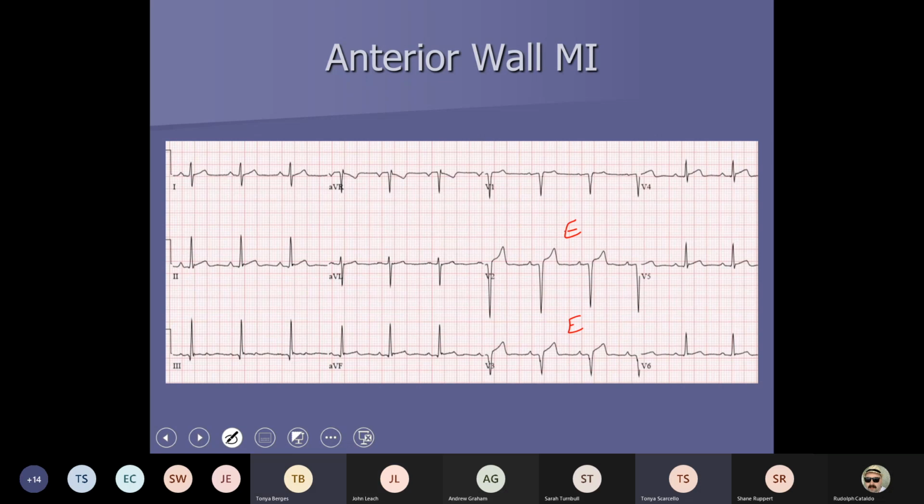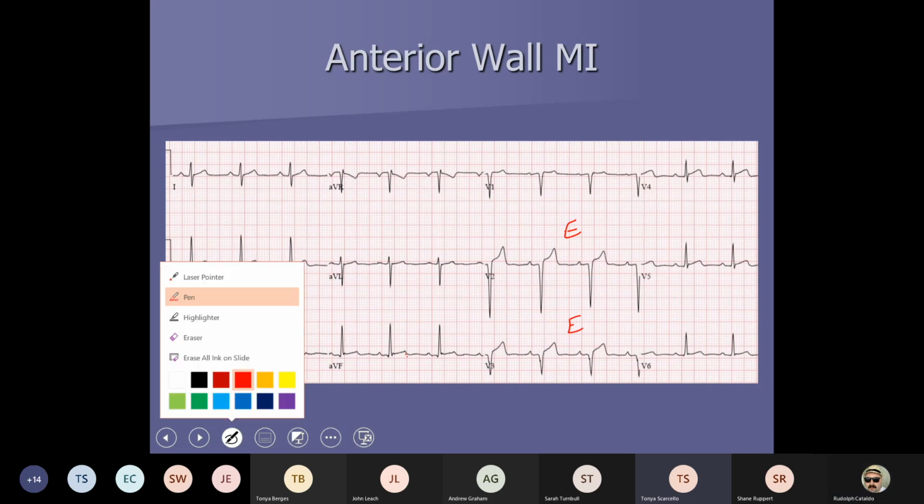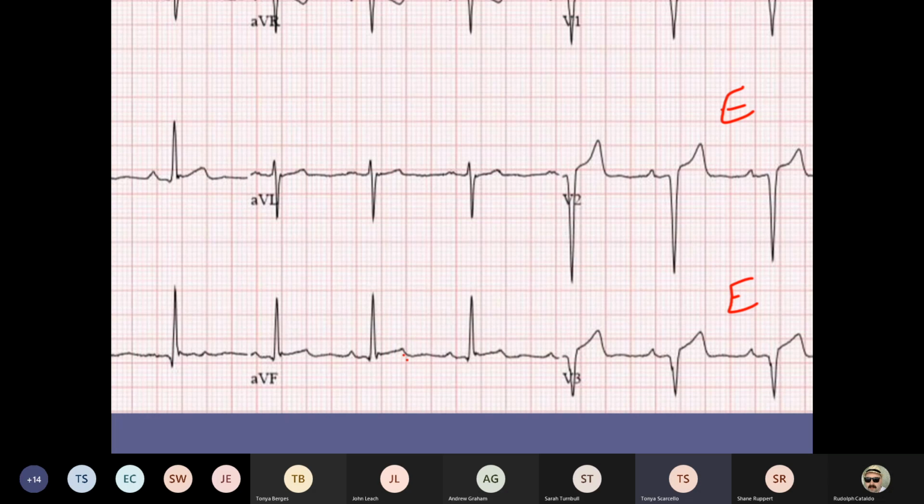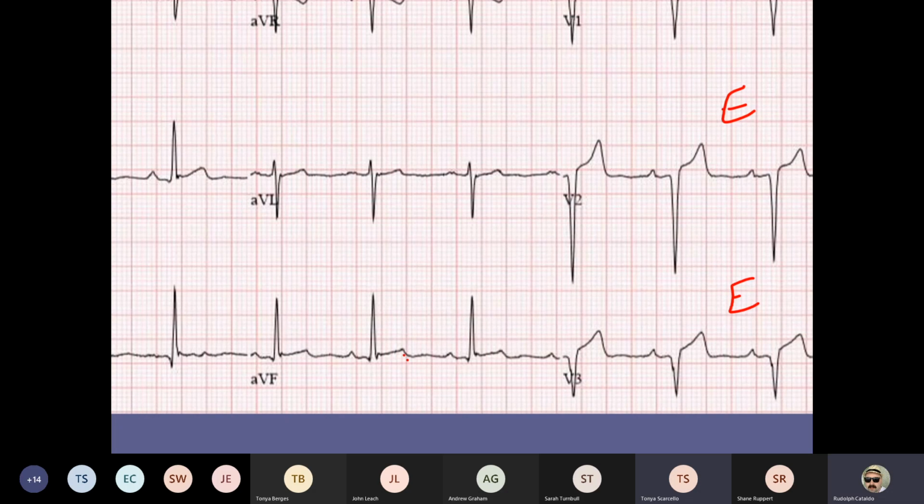I can't really tell though. AVF. Okay, so let's zoom in on AVF. Is there enough there to call it elevation? Well, it's really hard to make a baseline there.